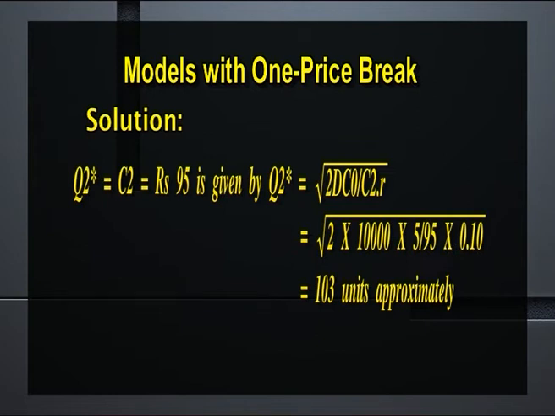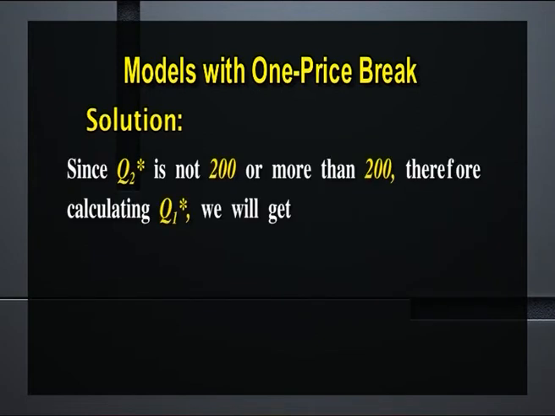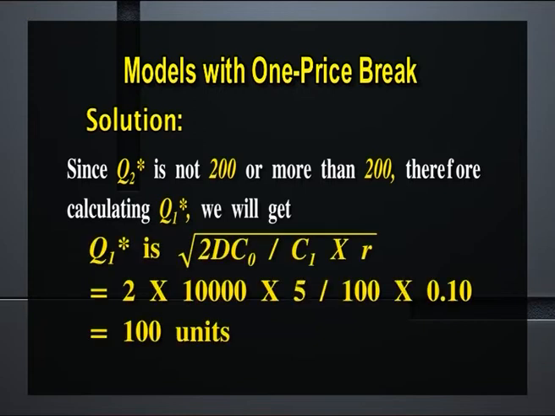Since Q2 star is not 200 or more, we calculate Q1 star, which is the square root of 2 into 10,000 into 5 divided by 100 into 0.10, equal to 100 units.